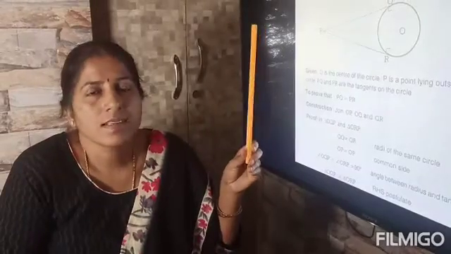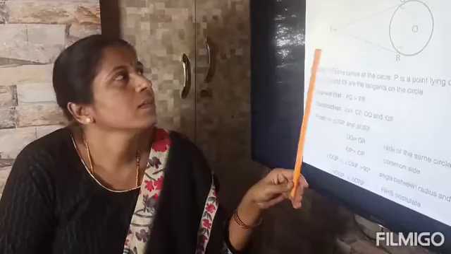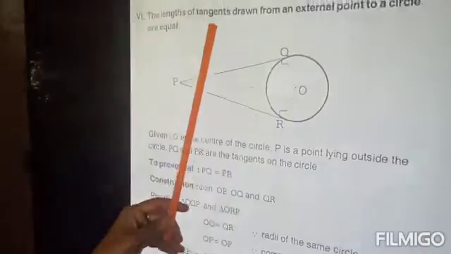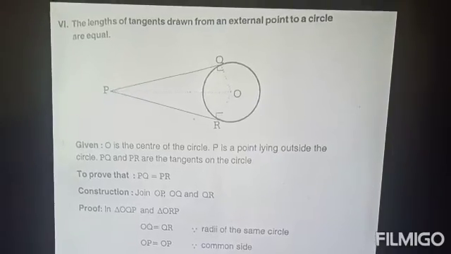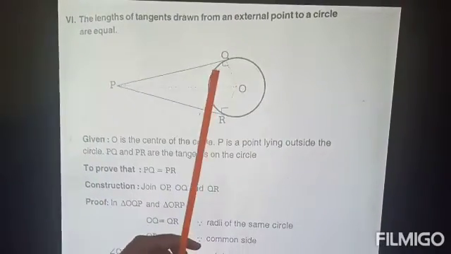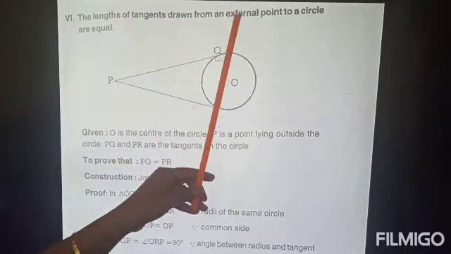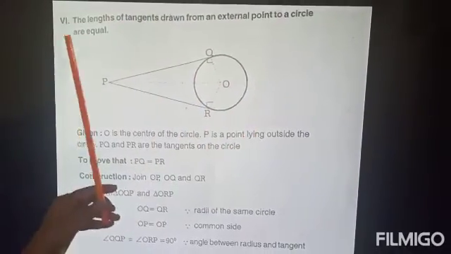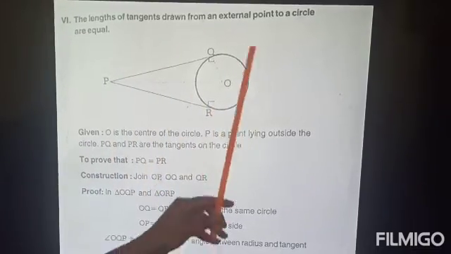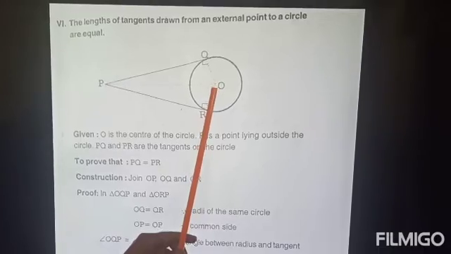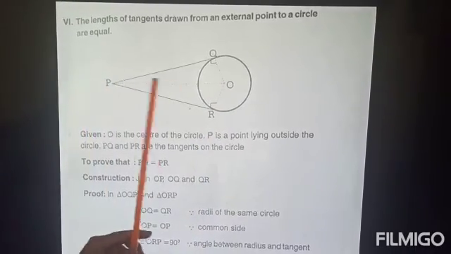This is the second theorem from the circles chapter. The lengths of tangents drawn from an external point to a circle are equal. See the diagram. This is a circle with center O. P is an external point to the circle.